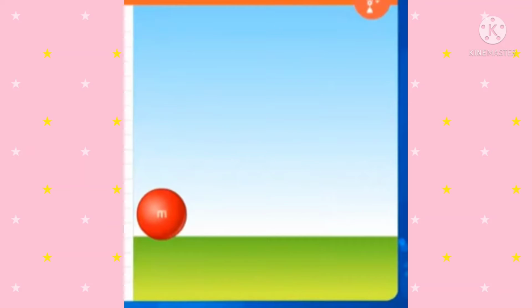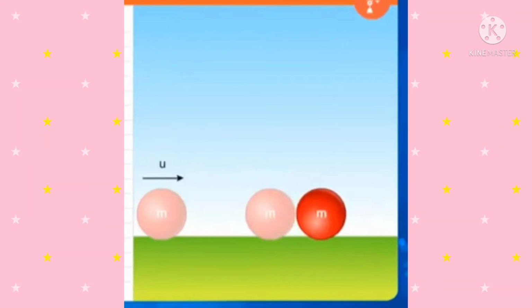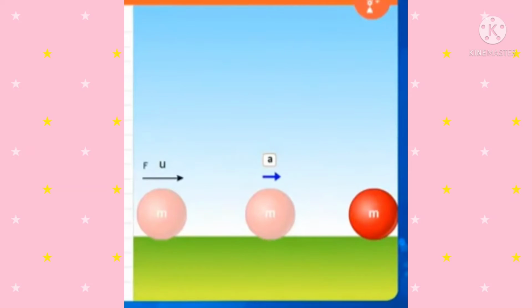Suppose a stationary object of mass m moves because of an applied force. Let u be its initial velocity. Here u is 0, right? So let the applied force be F. This generates an acceleration a in the object, and after time t, the velocity of the object is equal to v.